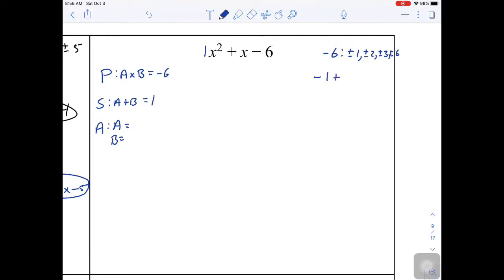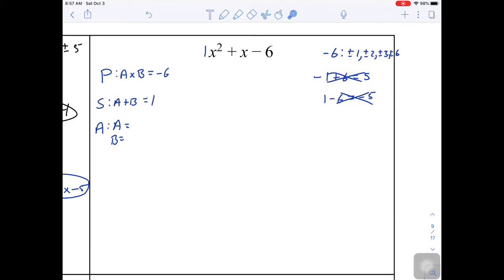Negative 1 plus positive 6, well, that just gives me positive 5. 5 does not equal 1, so that doesn't work. We could try flipping the signs there, so it could be 1 minus 6, but that still won't work. That's going to give me negative 5. Okay, so 1 times 6 and any variation of the negative symbols doesn't work.